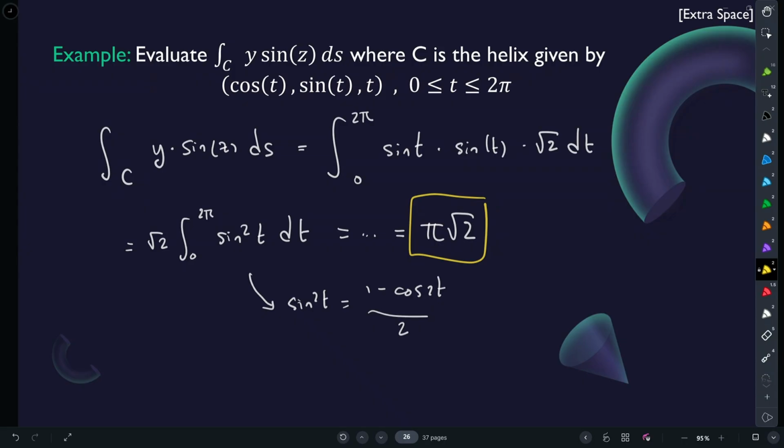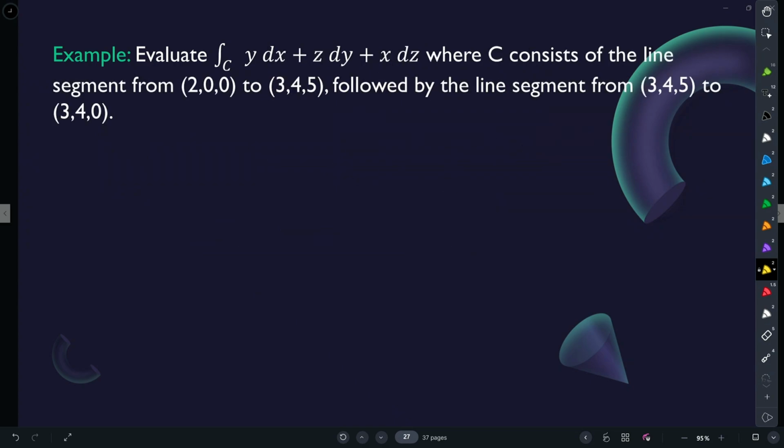Let me just set up one more example. Or are there any questions about this three-dimensional line integral? So let me just set up one more example in this format. Now this is throwing everything together, because this is not just an integral with respect to arc length. We're going to be integrating with respect to x, y, and z. And this path takes two different sections.